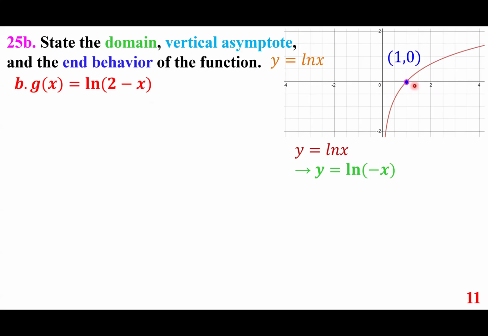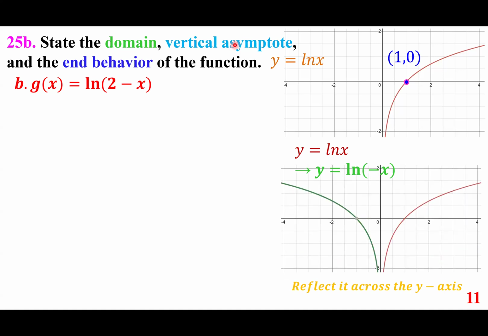Okay. So that means you're changing x to minus x. So you reflect it with respect to the y-axis. So this flips over. And so the x-intercept, which was located at 1, 0, now goes to negative 1, 0.